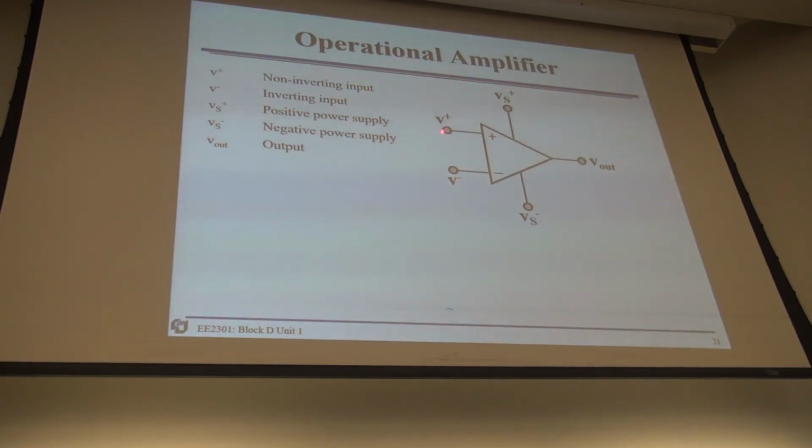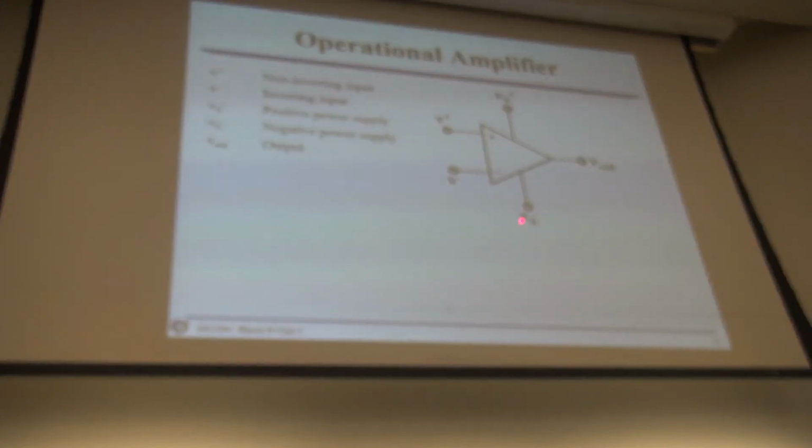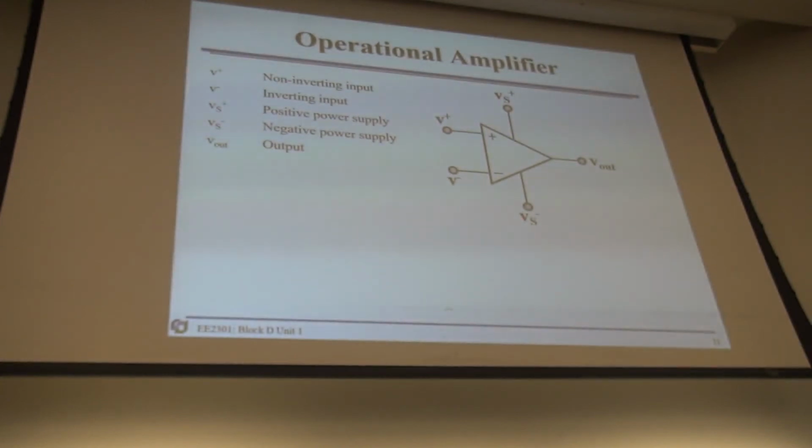This is inverting, this is non-inverting. Terminals, power supplies. So that's the non-inverting input, inverting input, positive power supply, negative power supply, and output. Okay, output.